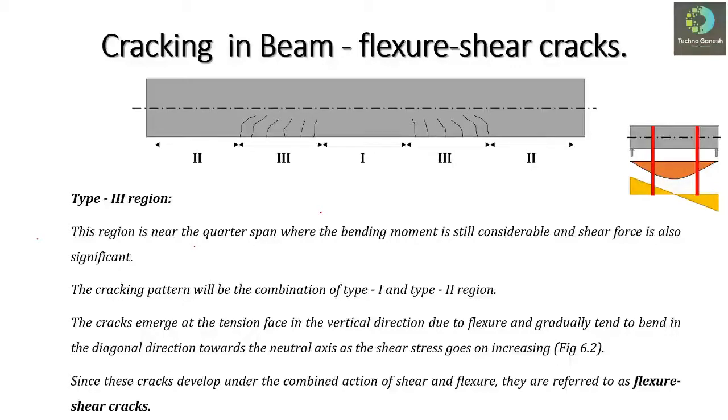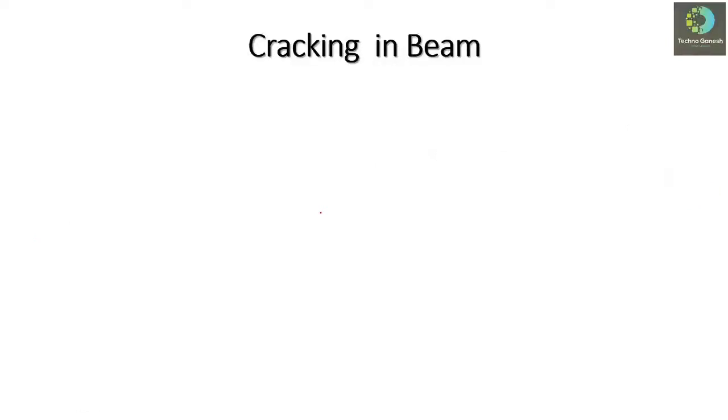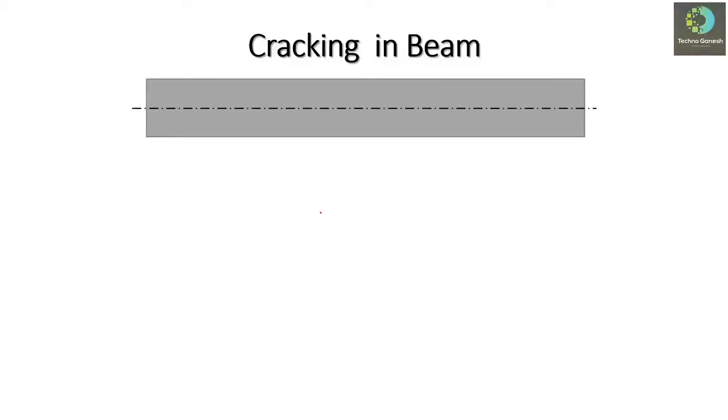So this is about the cracks in all three types of regions, that is type 1, type 2 and type 3. Let us again summarize these cracks. Cracking in the beam will occur in three regions. In the first region, or type 1 region, the predominant parameter resulting in the cracks is the bending stress, and due to this bending stress the cracks will form in vertical direction, as you can see clearly here.